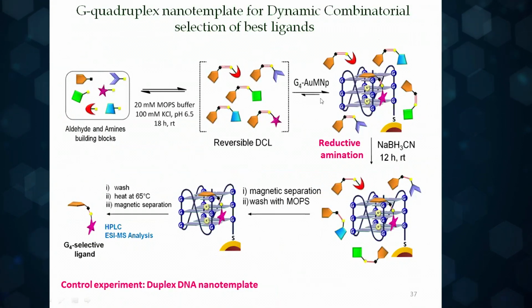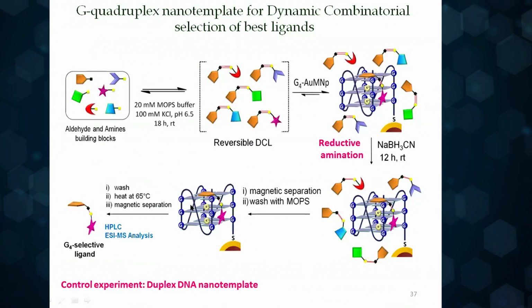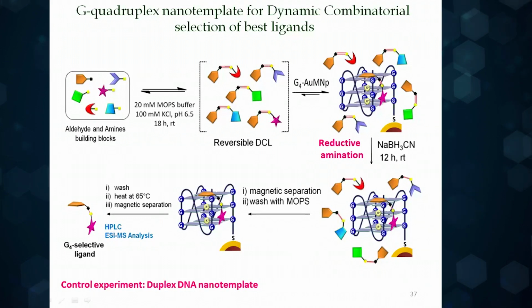In the presence of quadruplex, the system evolved to generate quadruplex selective imine binders, which were then reduced to give the corresponding amines. The amine-bound DNA nanotemplate was separated by magnetic decantation and again heated to release the quadruplex selective amine ligands, using HPLC and mass analysis.